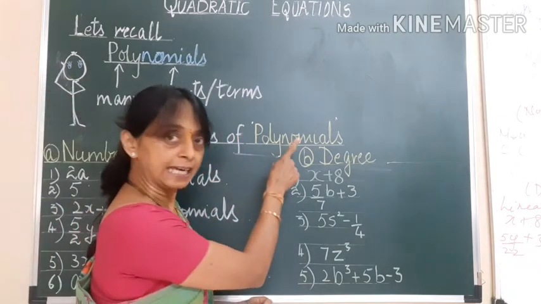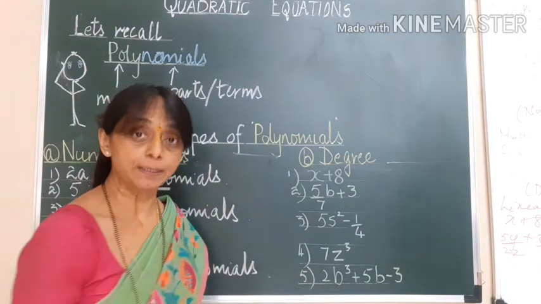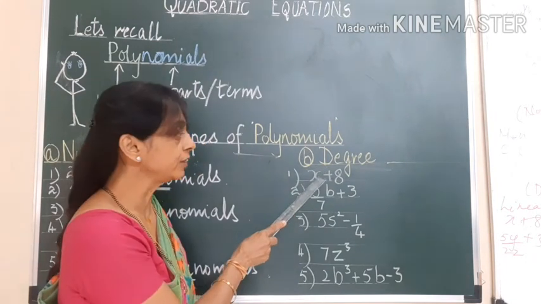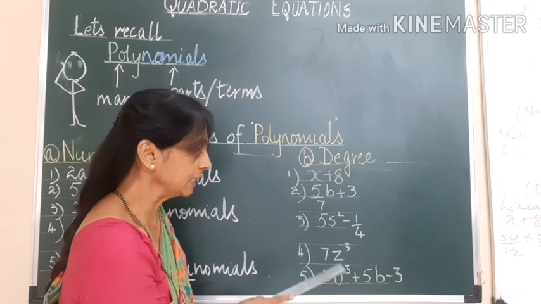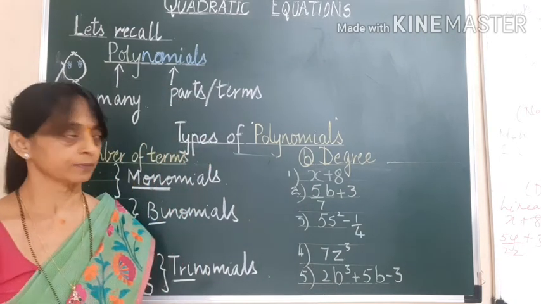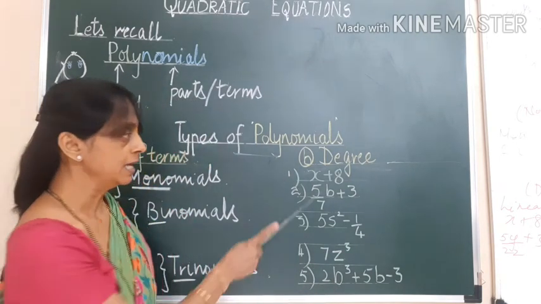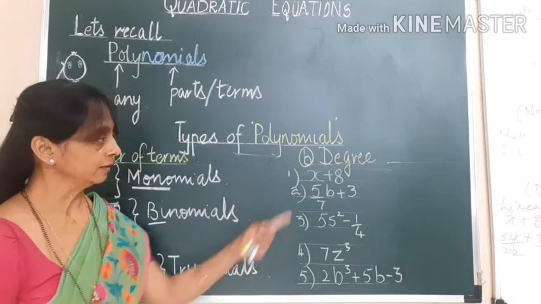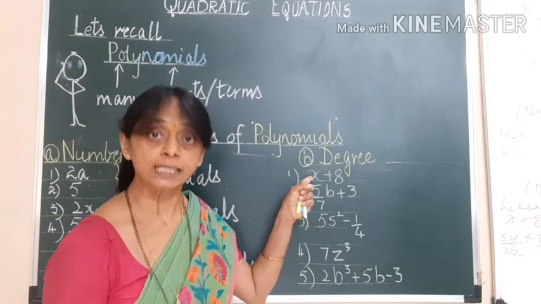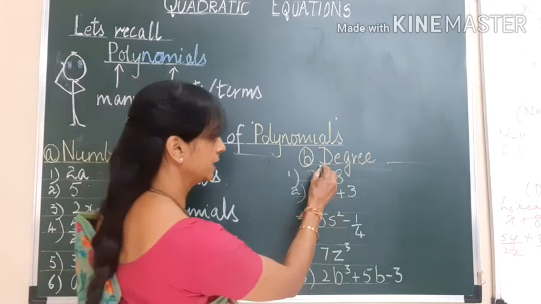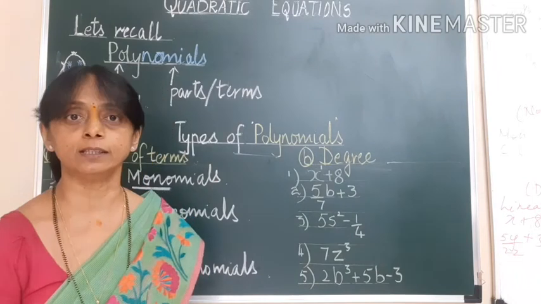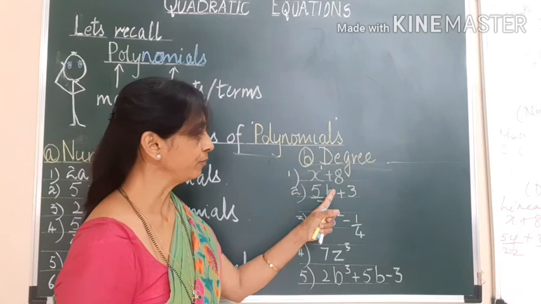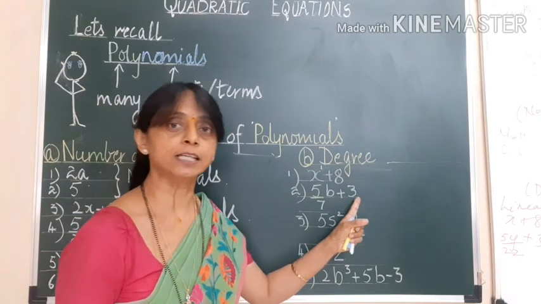Now, let's understand these examples, children. You can categorize the polynomials depending upon the degree, the highest degree of the variable that is contained in those polynomials. Now, let's see the first example, x plus 8. Which is the variable over there? The variable is x. What is the degree of that variable? The degree of the variable is 1. Similarly, see in the second example, 5b upon 7 plus 3.